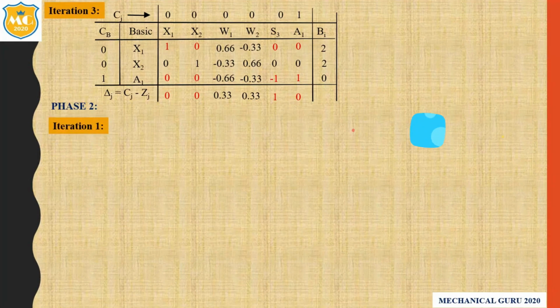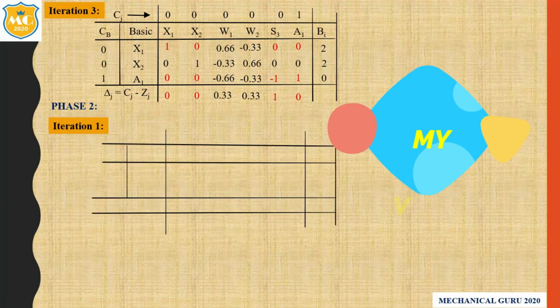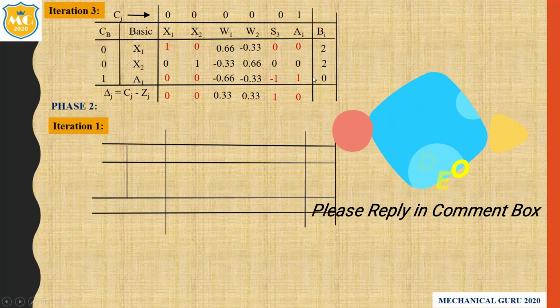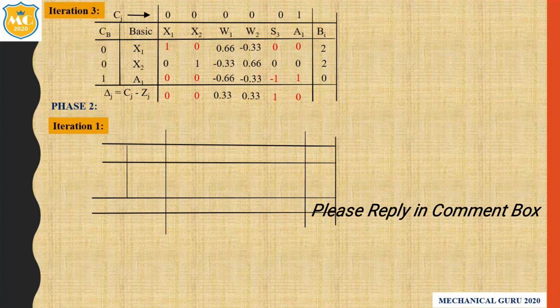In phase 2, first what we have to do: if in a basic variable an artificial variable is still present, in phase 2 just eliminate that row. Similarly the key column, this key column also we have to eliminate. So just this value we have to represent.